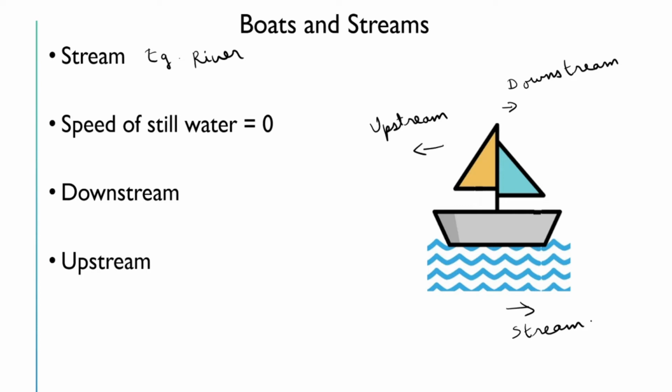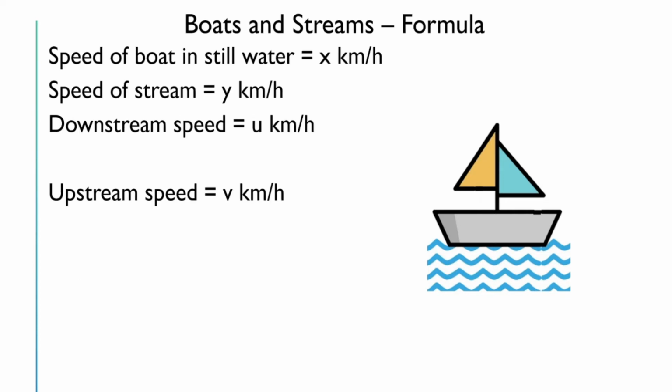Now we will see some of the formula used in boats and streams. So let us consider the speed of boat in still water as x km/h and speed of stream as y km/h. As I already mentioned, let us assume that the speed of stream is going in this direction with y km/h. Then what will be the downstream speed?